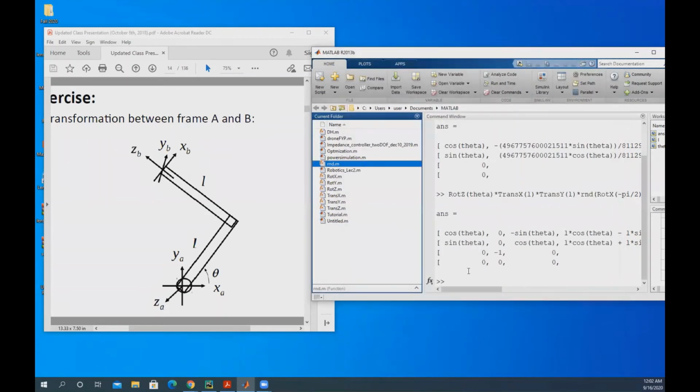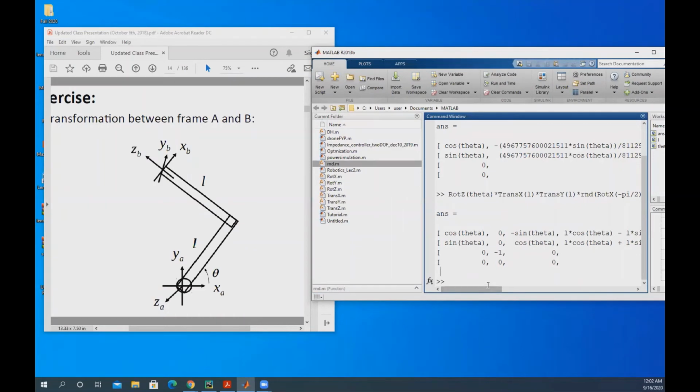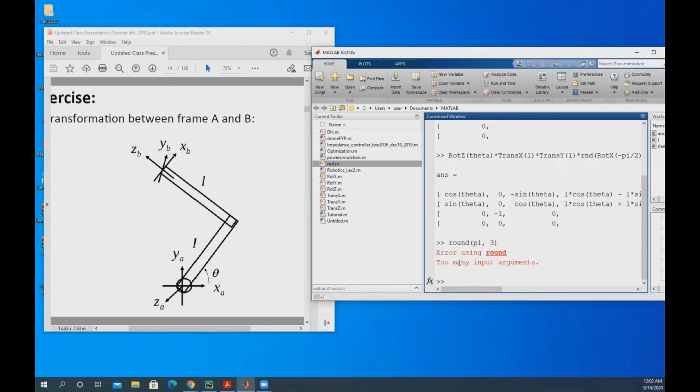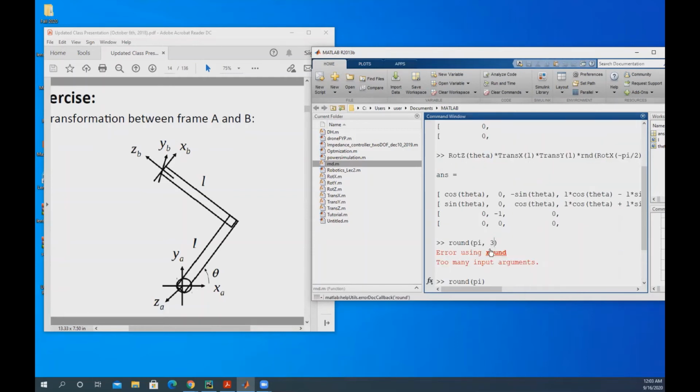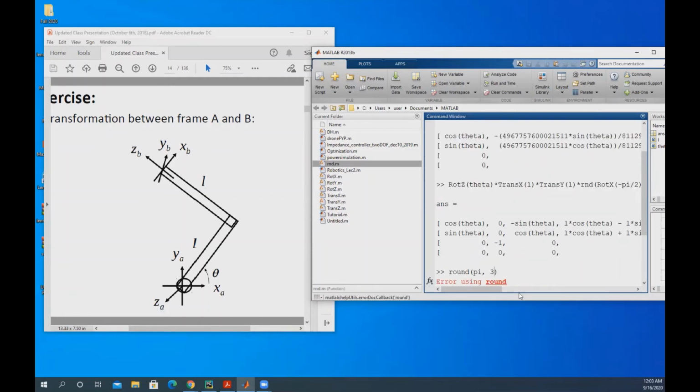If I have pi and I put 3, you should try this, and if that works for you, then you just use the round function. But if that doesn't work for you, it says too many input arguments. So in my case, I can only round for one significant figure. If you are able to specify how many significant figures to round to, then your version is good.